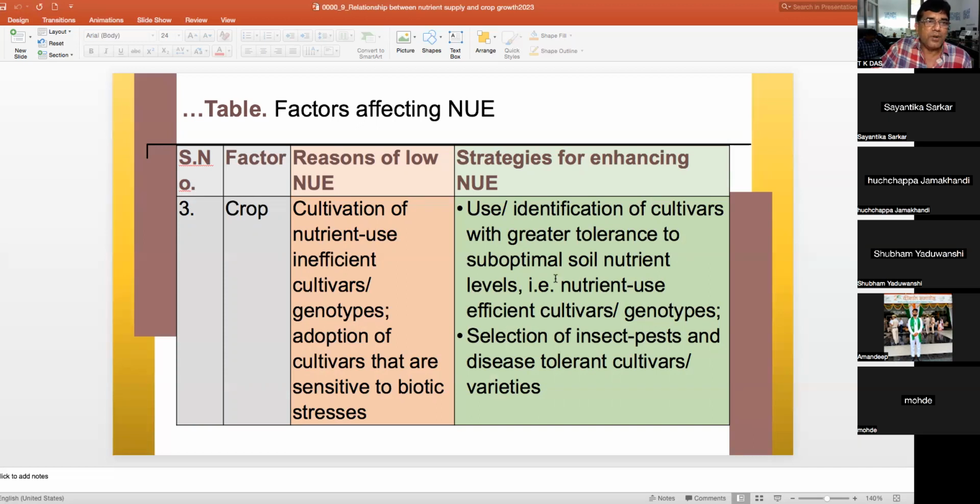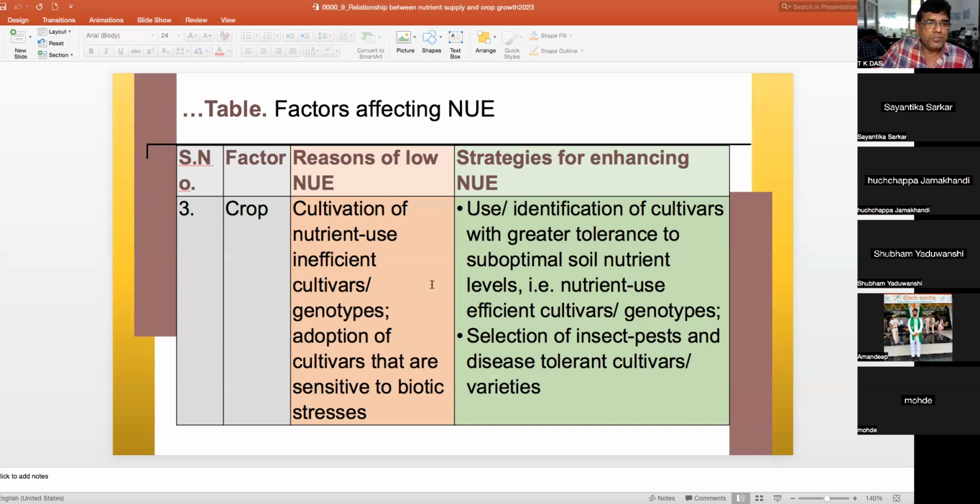The size and number of root hairs is also important in nutrient uptake and water uptake. So there are a number of crop features which are important for uptake of nutrients or increasing the efficiency of nutrient use. Particularly root architecture is very, very important. So crop factors can affect the nutrient use efficiency.